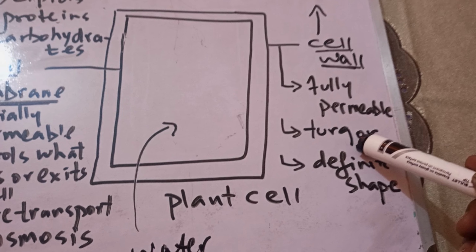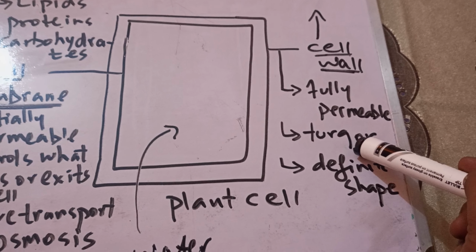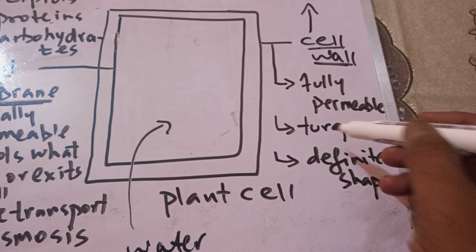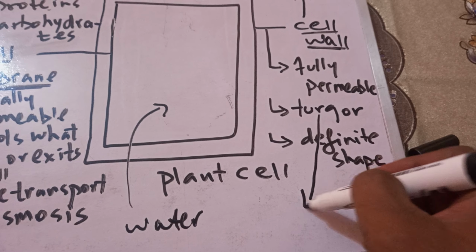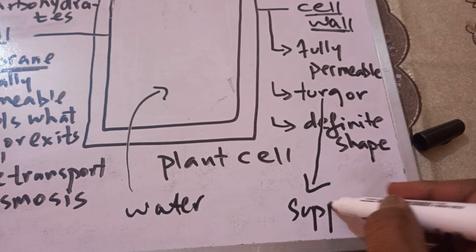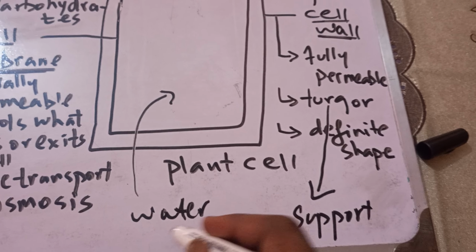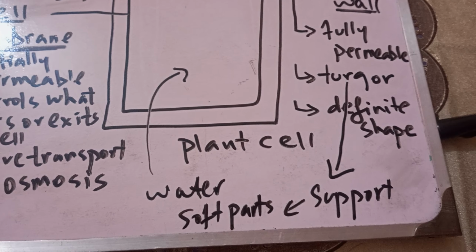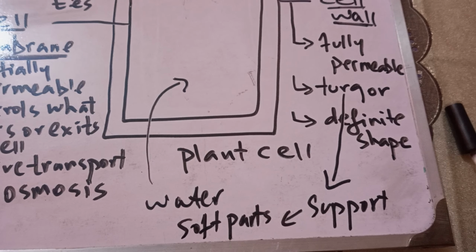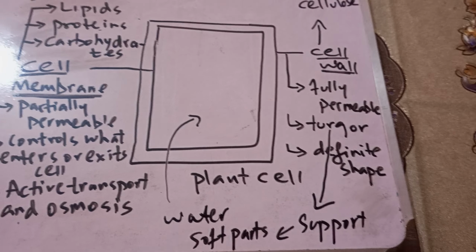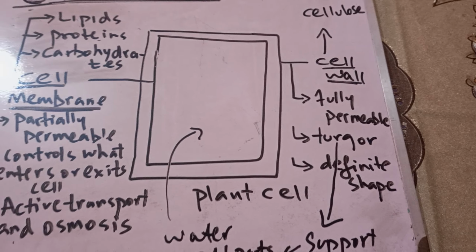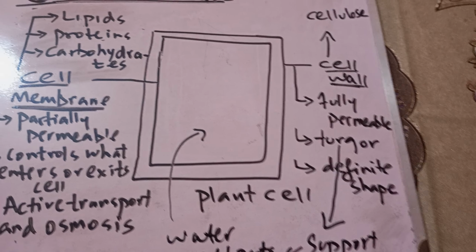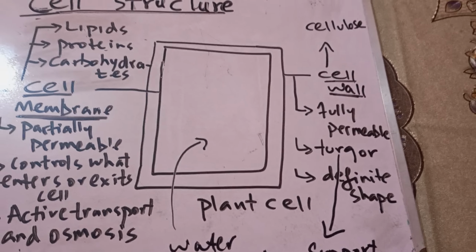And please remember, turgor is very important in providing support to the soft parts of the plant. Because if one cell can become hard and rigid by the entry of too much water, now just imagine that if some organ has 100 cells, all cells are turgid, so in the whole organ there will be support.